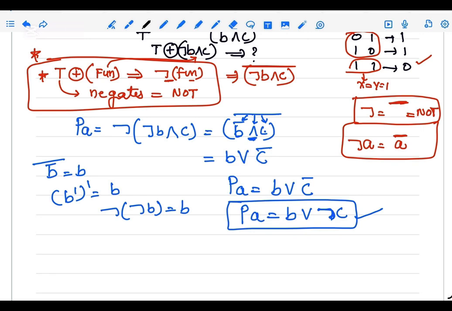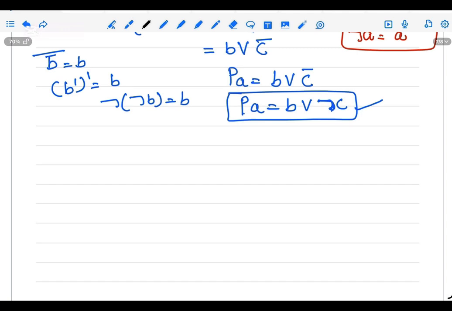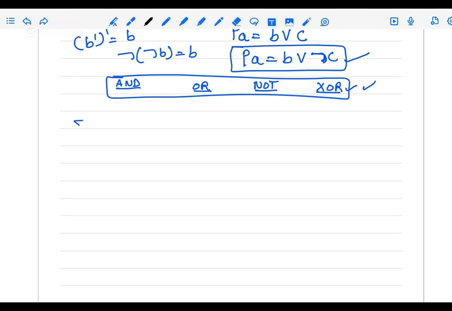So negation of C. So P of A is the predicate. We are finding the predicate with A as the major clause. To solve this type of questions, you want to know the truth table of AND gate, OR gate, NOT gate and XOR gate. That is good. So you have to remember 2 points, that is important.